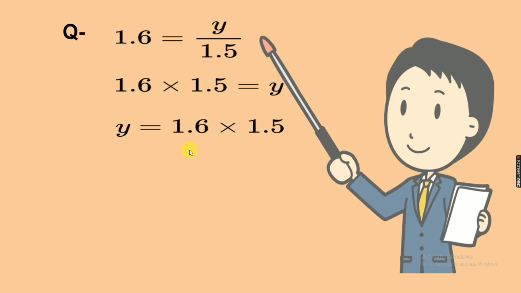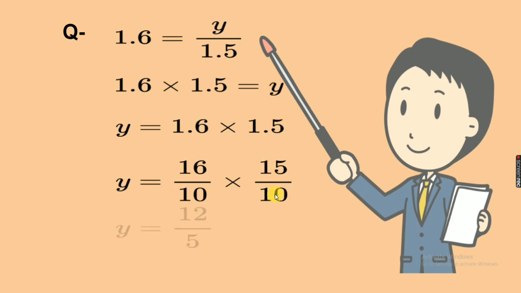Or we can write it the way y is equal to 1.6 multiplied by 1.5. If we remove the decimals, we can write it the way 16 upon 10 multiplied by 15 upon 10. Simplifying them, we can simplify it. 5 3s are 15, 5 2s are 10.